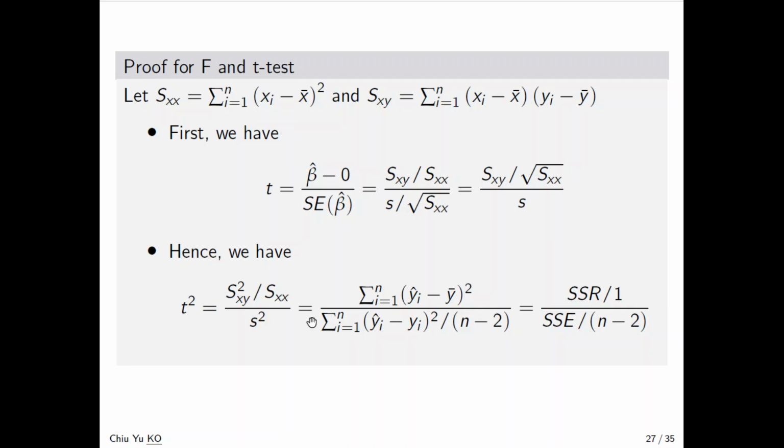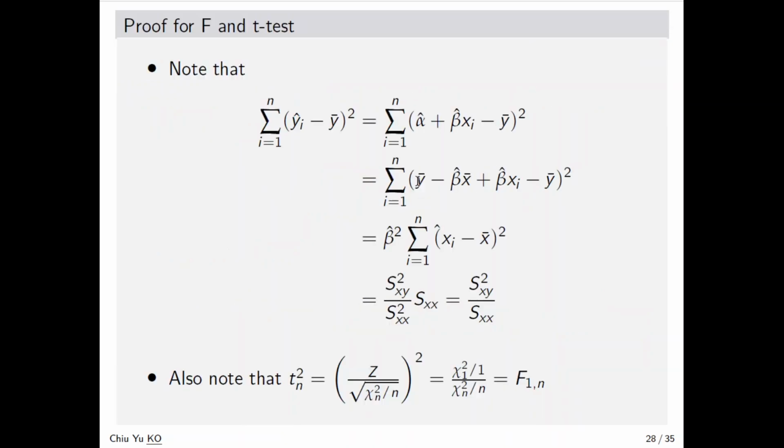So yi minus y bar, and yi hat will be equal to alpha hat plus beta hat x. And then alpha hat will be y bar minus beta hat x bar. The y bar and y bar cancel out, and beta hat can be taken out because the square is taken out as well.